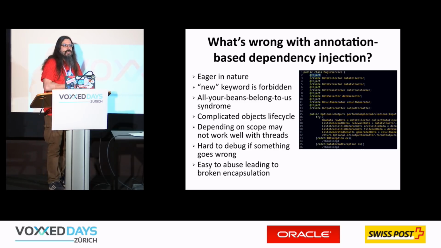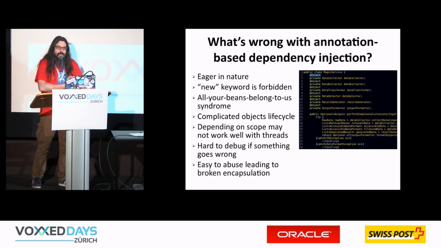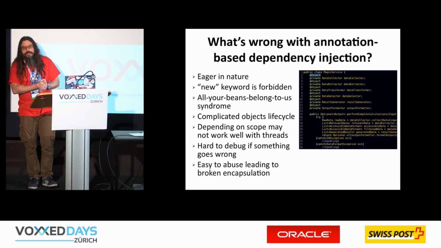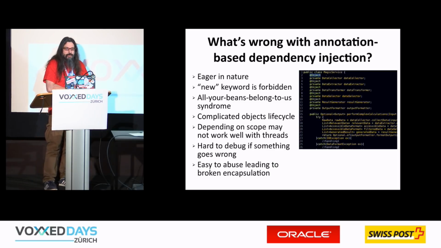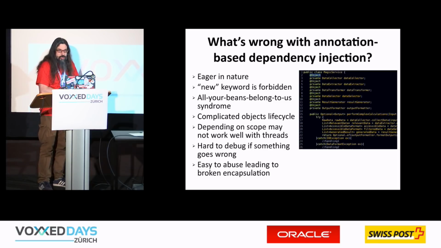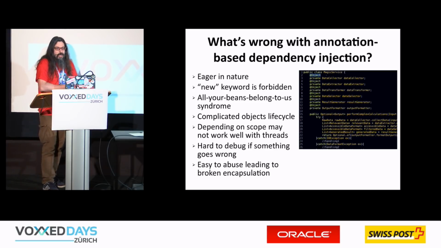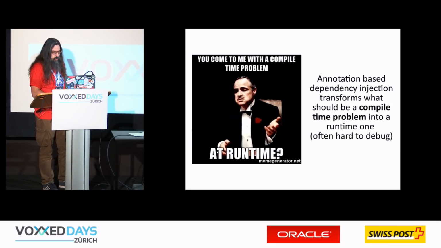Everything is great until it works, but it's really hard to debug when it doesn't work for some reason. It is also really easy to abuse, and sometimes it breaks encapsulation. Don't get me wrong, dependency injection is great, but I believe we are abusing it, and there could be a different way of doing this.